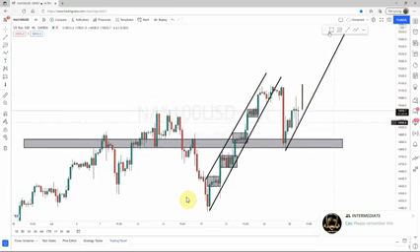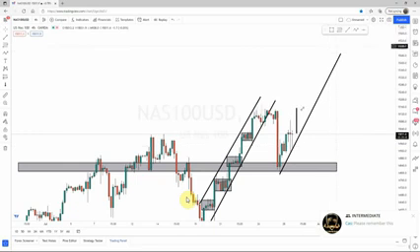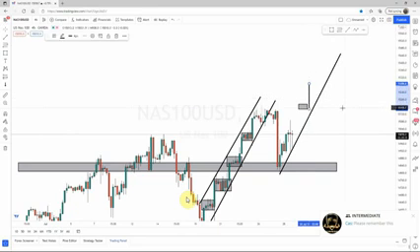And then what? Price makes a decision somewhere over here, and then we move up. Price makes another decision, and we move up.